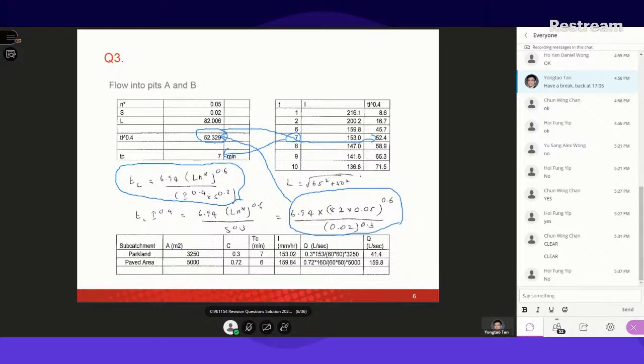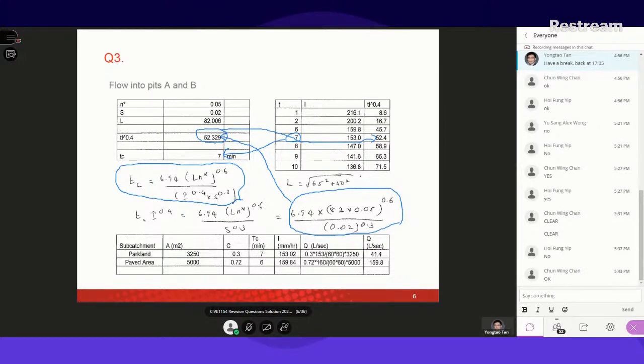So that means for the parkland, you need to calculate the overland flow time, which is 7 minutes. Any questions? So this slide shows how to get the overland time of concentration.